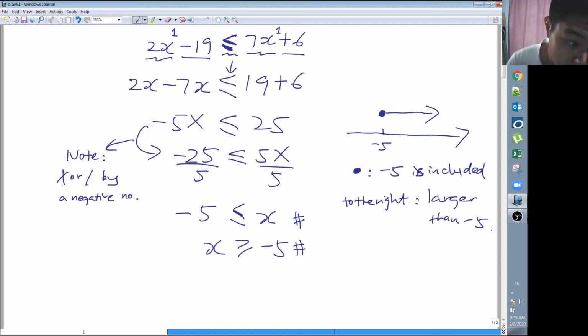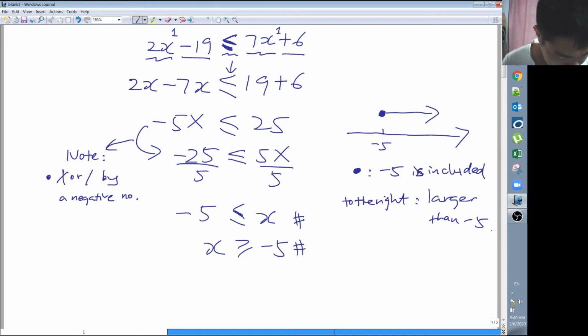Okay, so my suggestion is always to avoid times or divide by a negative number. So hope you have understood inequality so far. Okay, and that's about it for this.